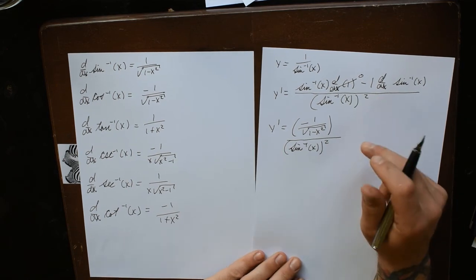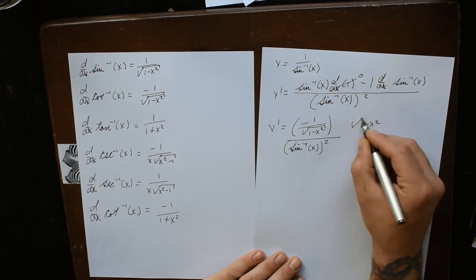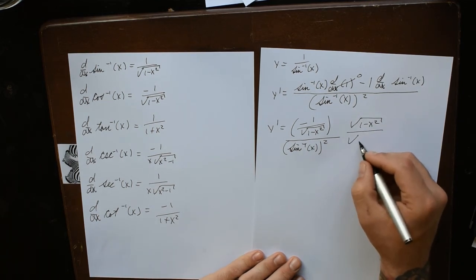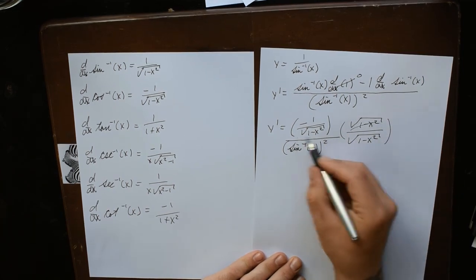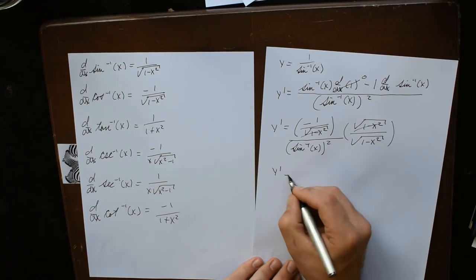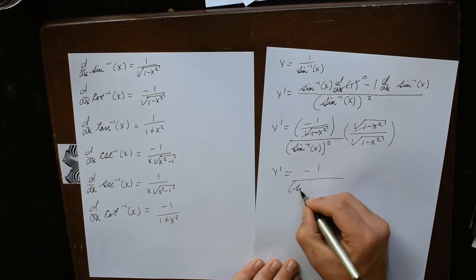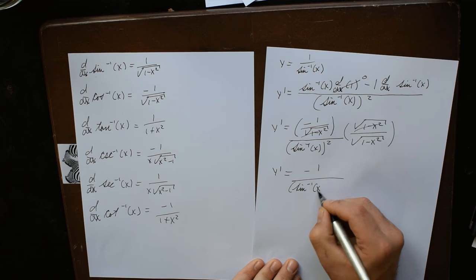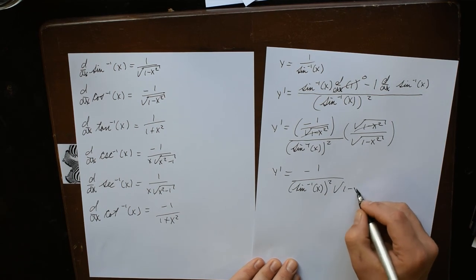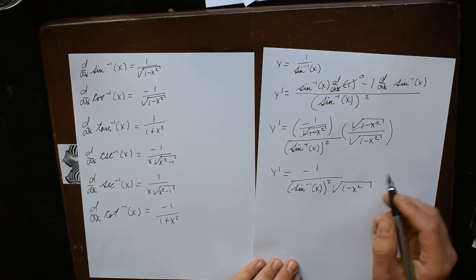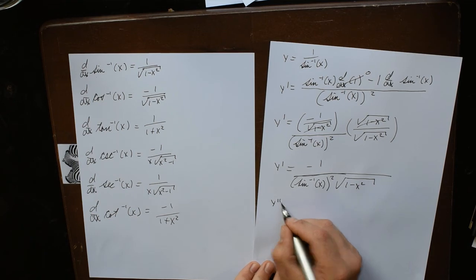We don't like those. We can multiply top and bottom by the square root of 1 minus x squared over the square root of 1 minus x squared to get y prime being equal to negative 1 over the sine inverse of x quantity squared times the square root of 1 minus x squared. Perfect. You guys go off and find y double prime.